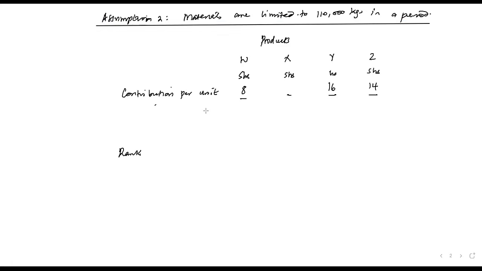Still, you have to come up with your contribution per unit, which we already have. After getting the contribution per unit, you have to get the contribution per unit of the scarce resource. So we have to get the contribution per kilogram of material. We divide the contribution per unit by the kilograms of materials required to make each unit of a product.